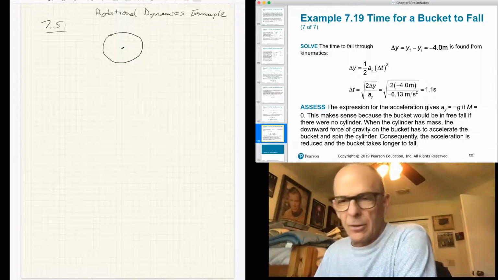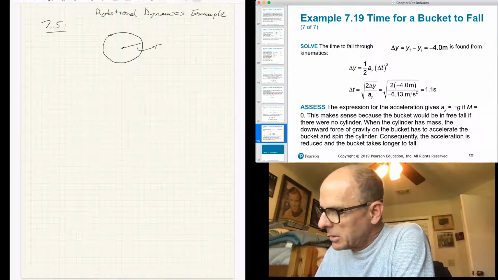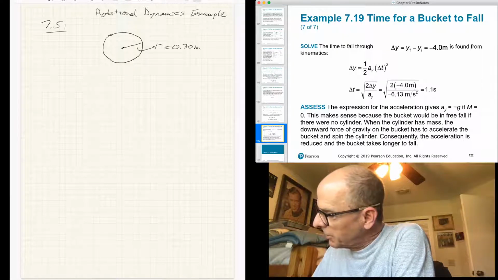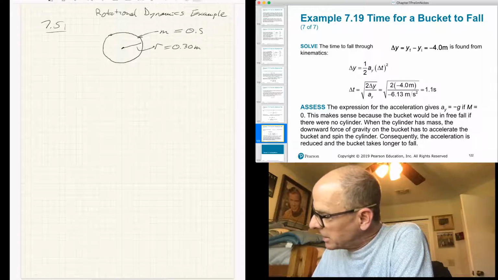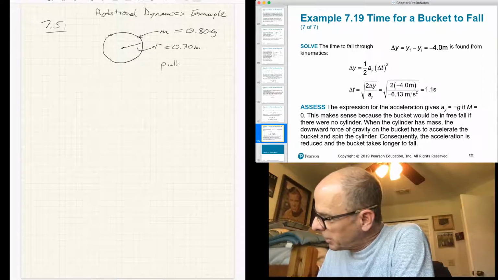And there's its axis of rotation, that dot. We are told that the radius is 0.30 meters, the mass of the pulley is 0.80 kilograms, and the pulley is a solid cylinder.